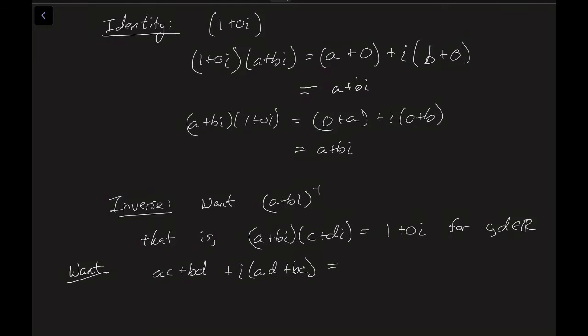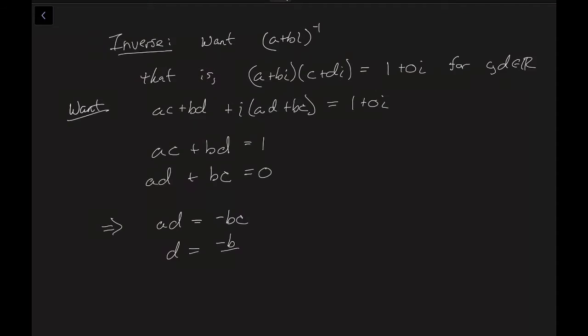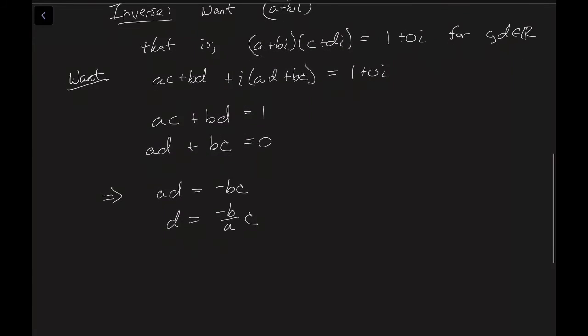We're just going to multiply it out, set it equal to 1 plus 0i, and set the real and imaginary components equal to each other. From this, we're going to get a system of equations, and from that system of equations, we'll solve for c and d in terms of a and b, and see if it works.